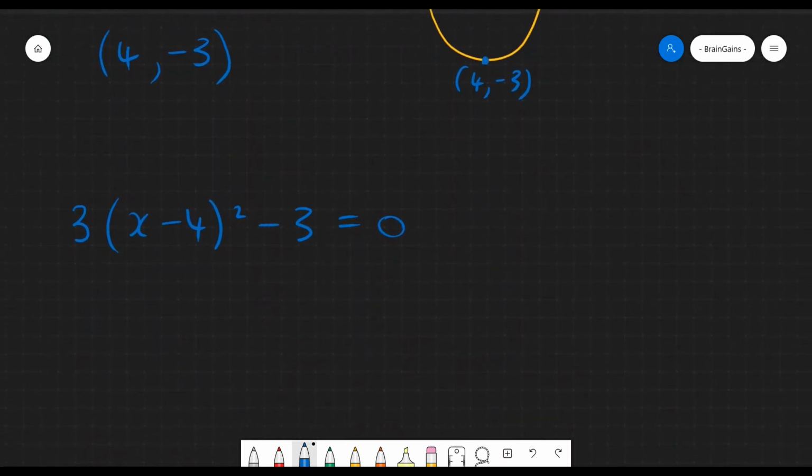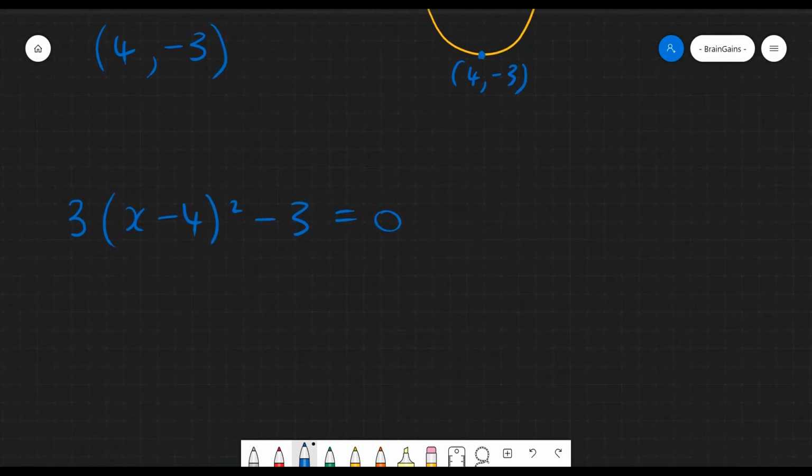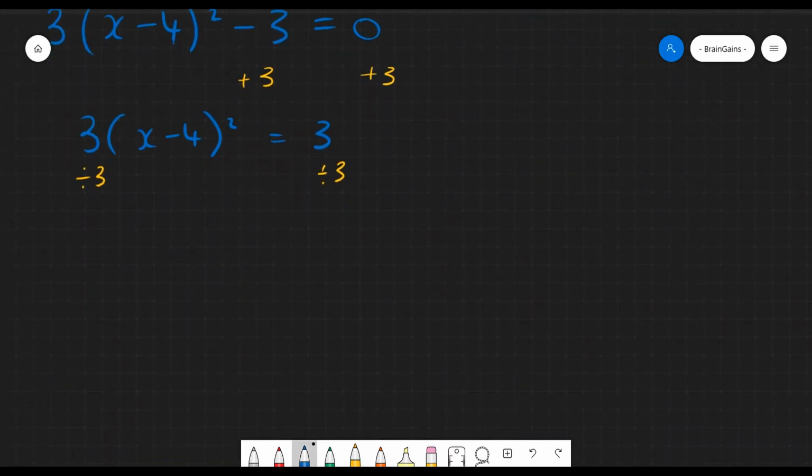Now that we have that, to solve for x, the first thing we do is add 3 to both sides. So we get 3(x minus 4) squared is equal to 3. Then we divide both sides by 3. So we get (x minus 4) squared equals 1.